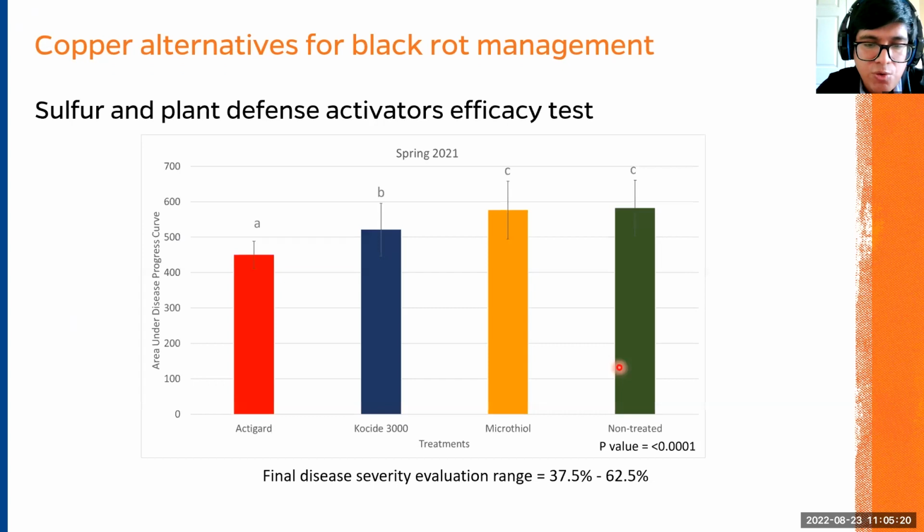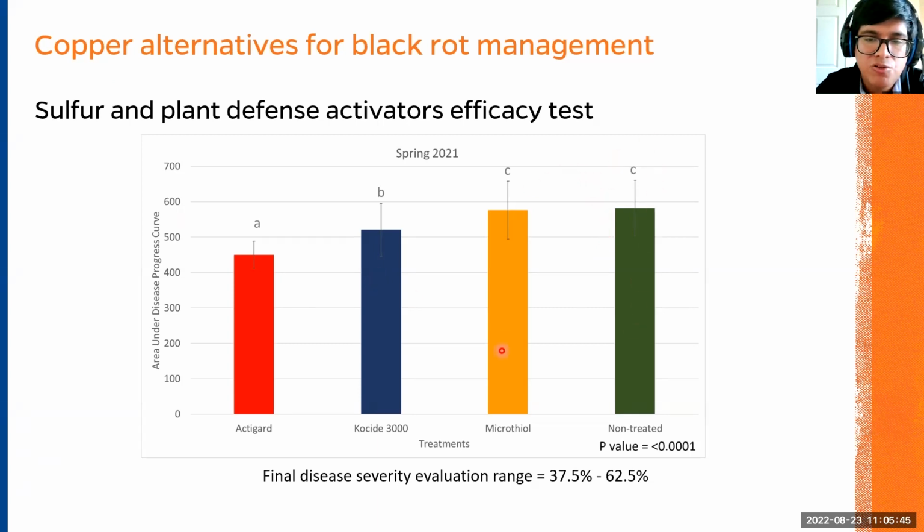During the first trial in the spring, we only focused on 3 products: Actigard, COSI, and Microthiol. What you're looking at here is the area under the disease progress curve, the AUDPC, which is the amount of disease over time. We noticed that Actigard and COSI both significantly reduced the disease severity compared to the not treated control.